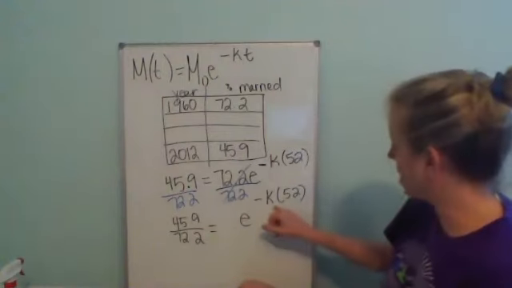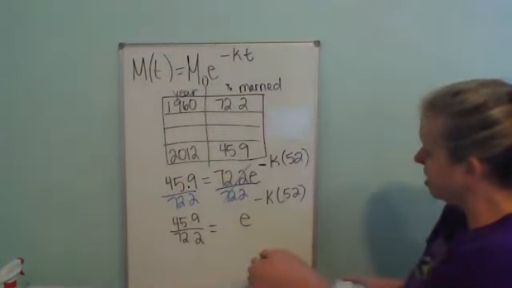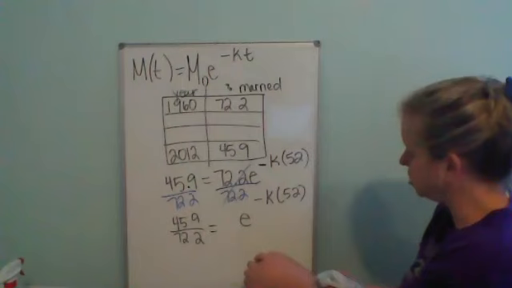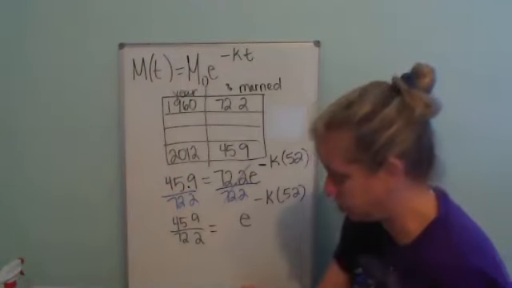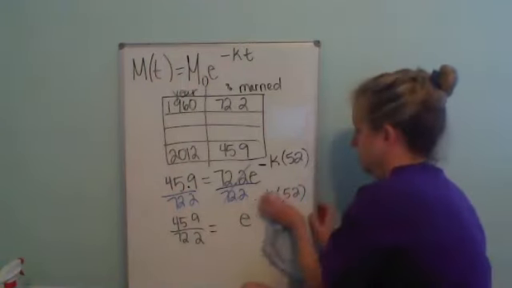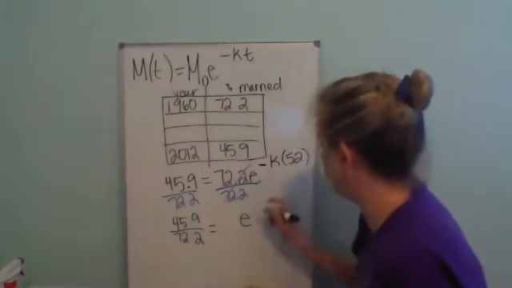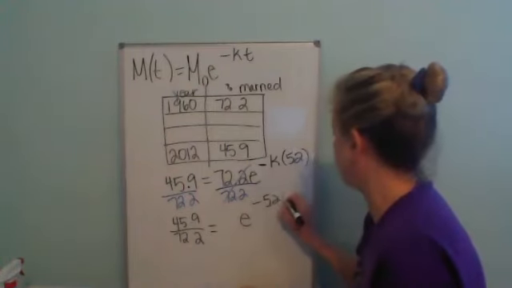How else could I write that? Instead of negative K times 52, I could think of that as negative 52K, right? You don't have to, but negative 52K.